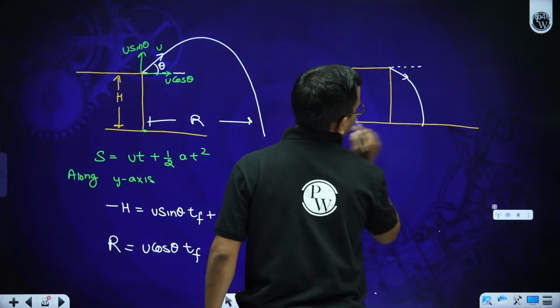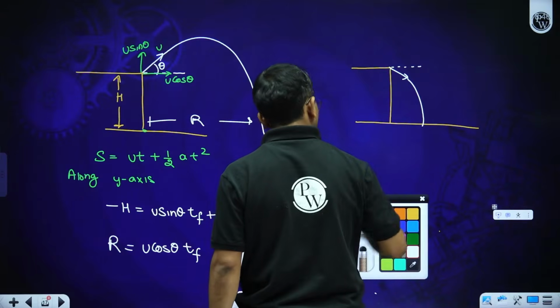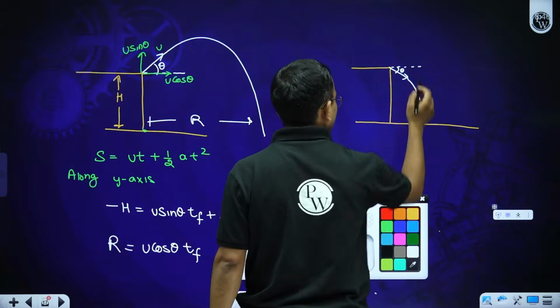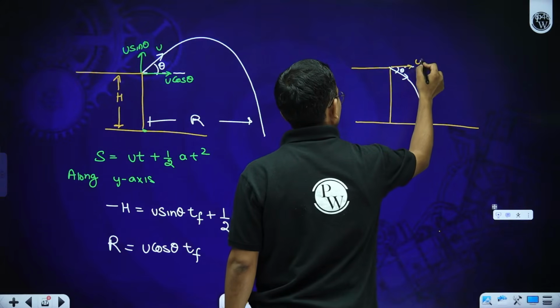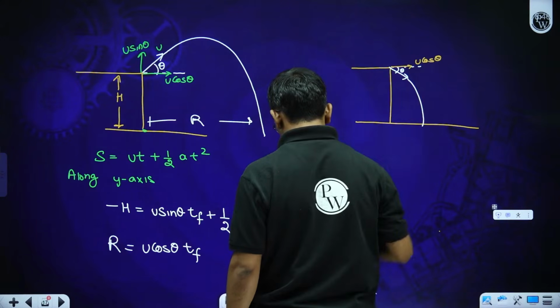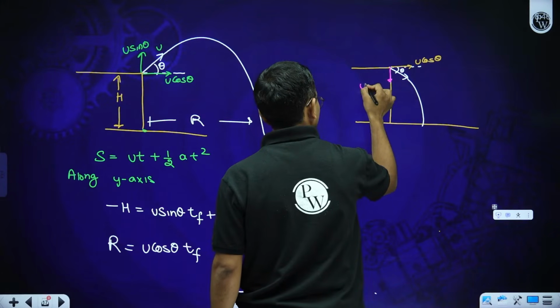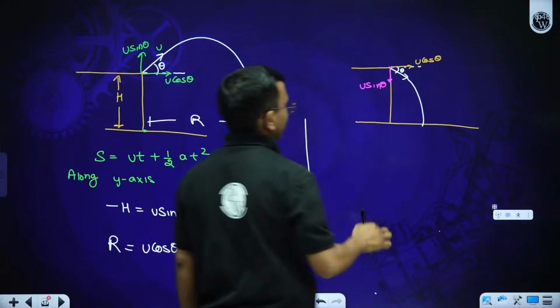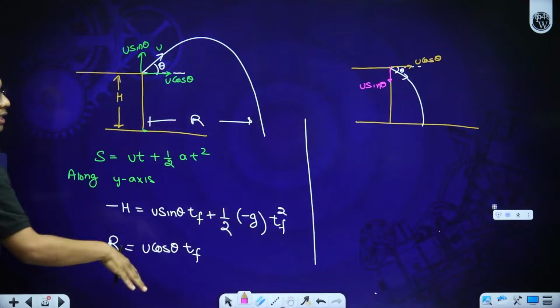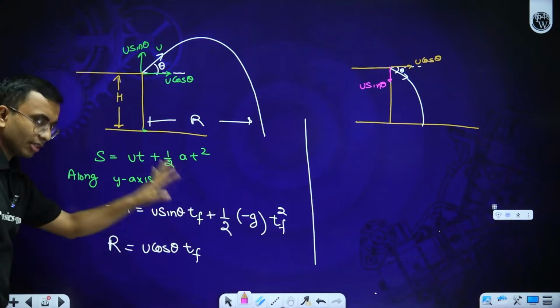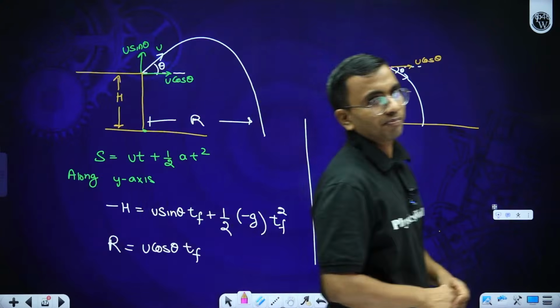It will go somewhat like this. If we take this angle as theta, the initial velocity along the x-axis will be u cos theta. Along the y-axis, it will be minus u sin theta, because it is downward. So here I'll write just minus u sin theta, the rest of the things will remain the same.